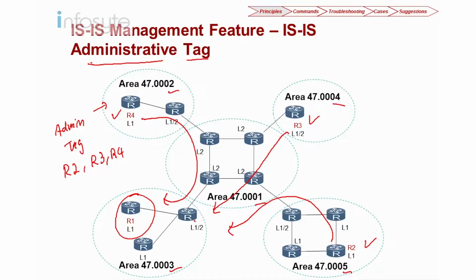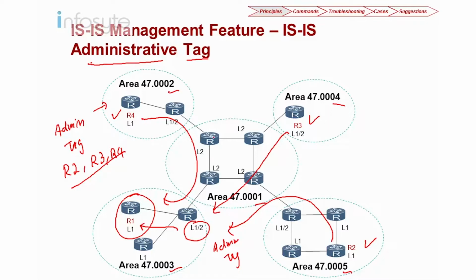So in L1, L2, you are going to import based on the admin tag. Those administrative tags that conform to the criteria will be leaked into router 1. So now you have the information only from R2, R3, and R4, and the rest will get filtered.